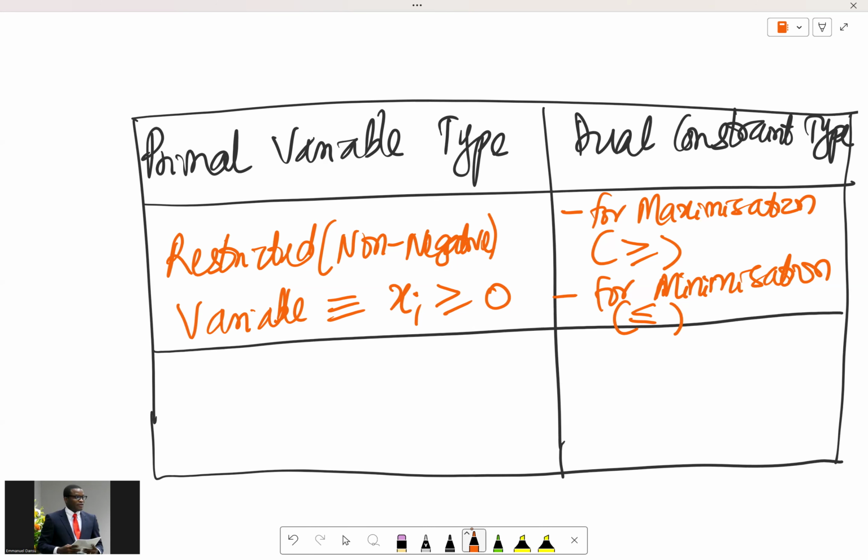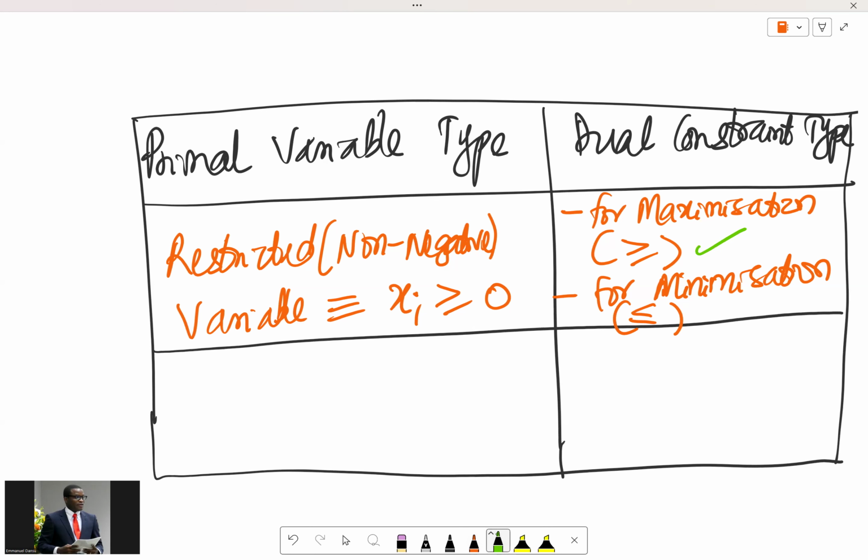If the primal is a minimization problem, then the dual constraint is going to be less than or equal to. But most times you should expect a primal problem to be a maximization problem, so you can just stick with this one.